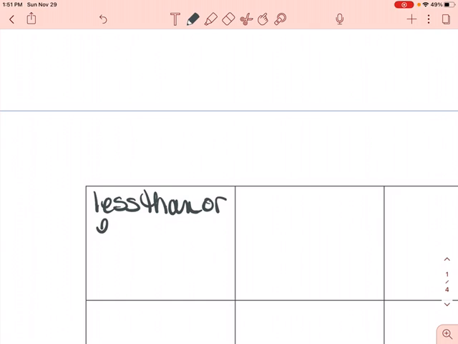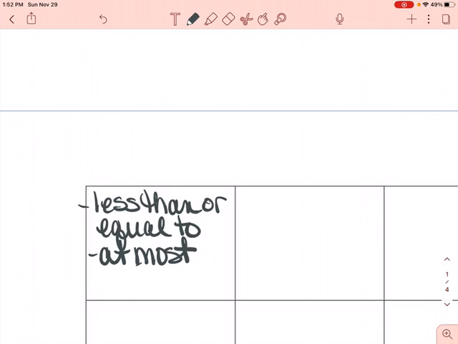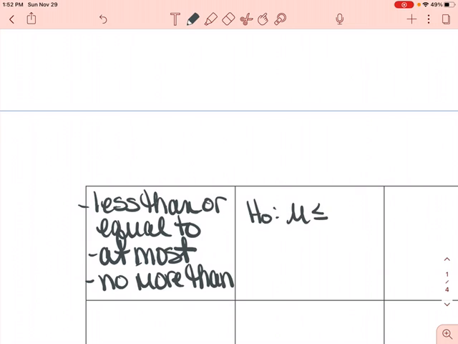Now, another one you might see would be maybe less than or equal to. You might say at most. You might see not more than, no more than. These are all less than or equal to concepts, so therefore H sub 0 would be less than or equal to.